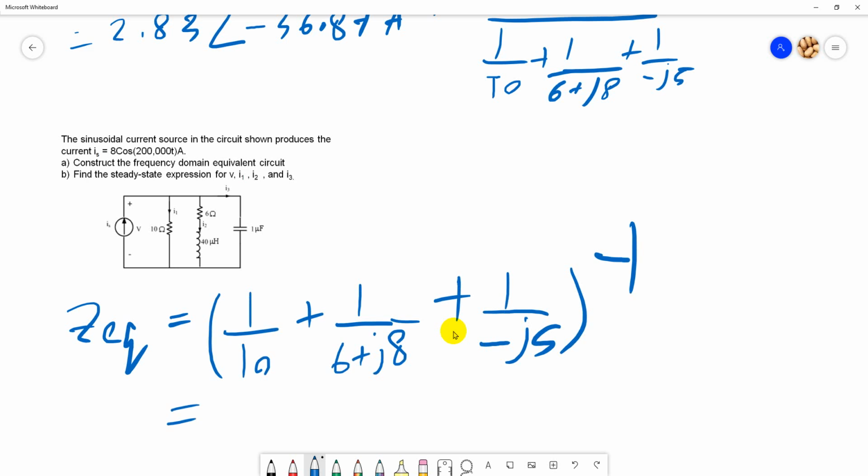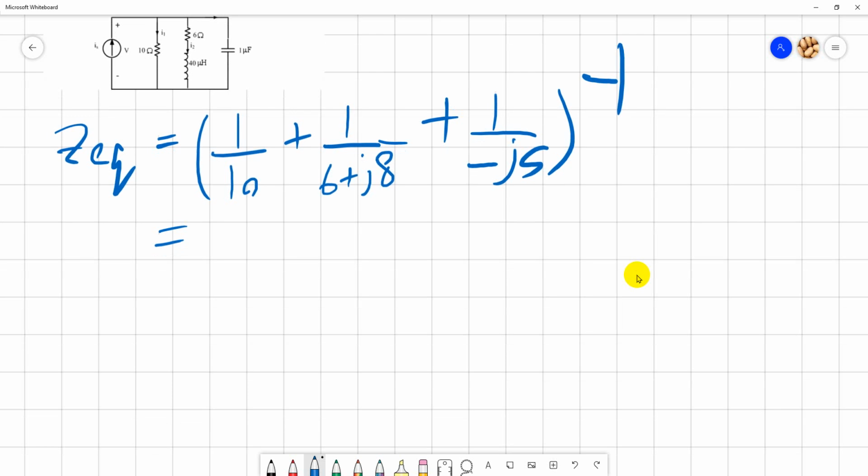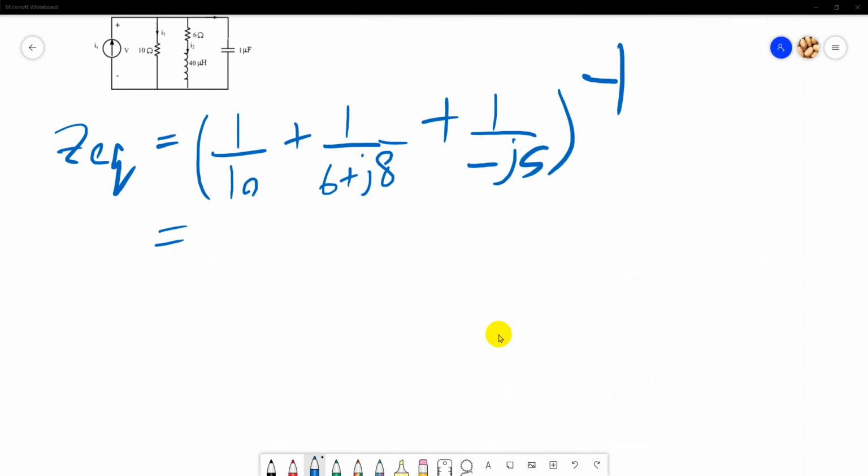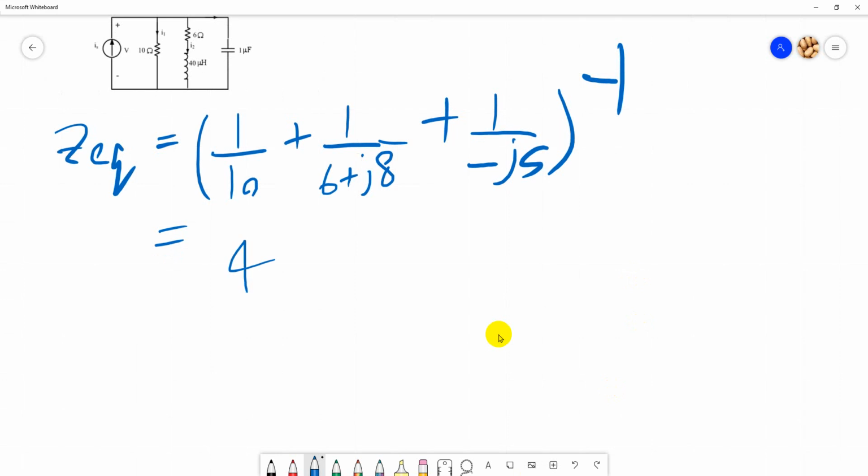So enter into your calculator, and you get the answer 4 minus J3 ohms.